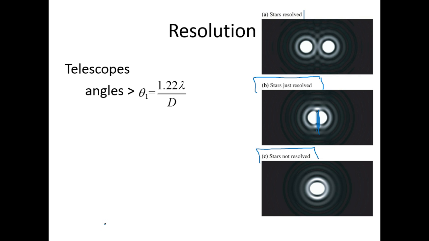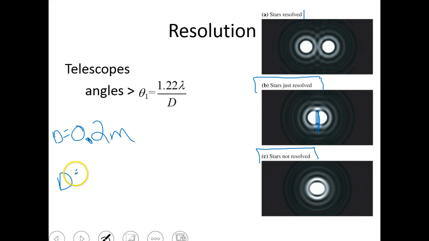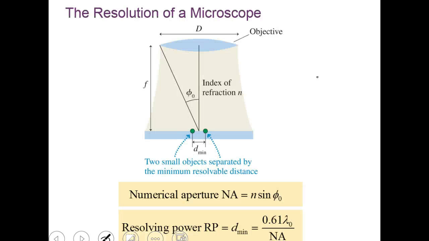And so while a home telescope might have a diameter of 0.2 meters, and that's a pretty nice home telescope, an observatory, a place where you go and actually look at stars, might have a diameter of like 10 meters, something huge in comparison. And so the bigger the diameter of the telescope, the better the telescope is at resolving, or telling the difference between, very far away objects that might appear close together, right?